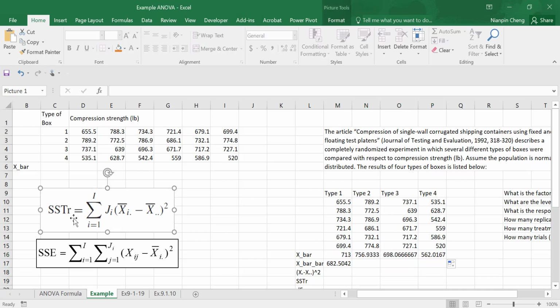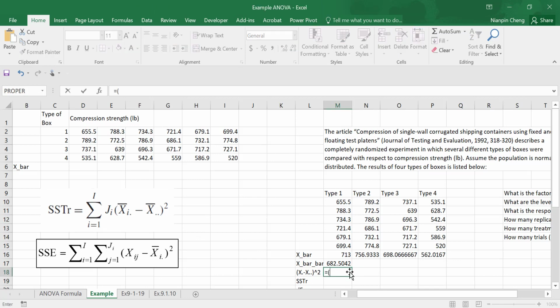So we need to calculate this part. That means we would like to know how far the average of each group is from the overall average. So we use this X bar with the dollar sign so we can copy the formula, and then square it.